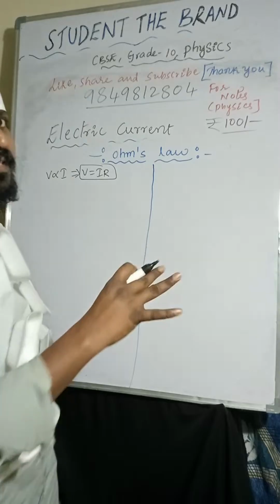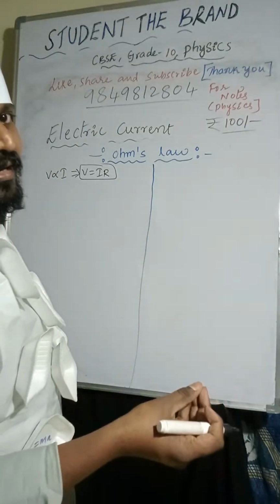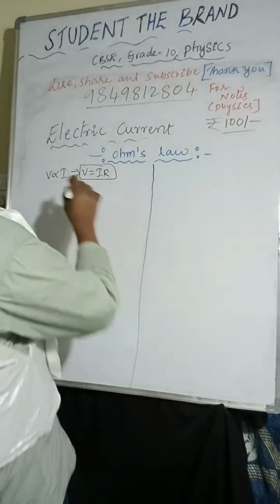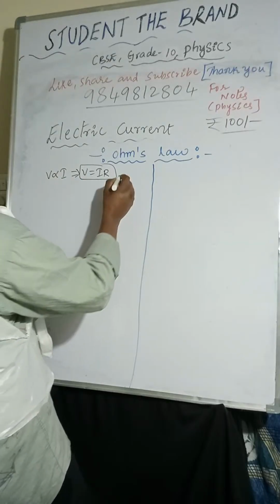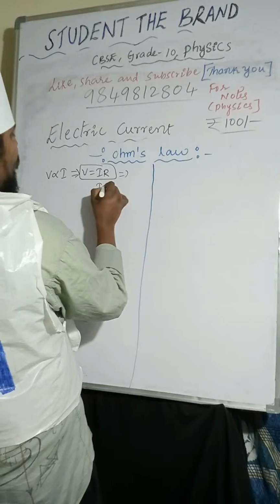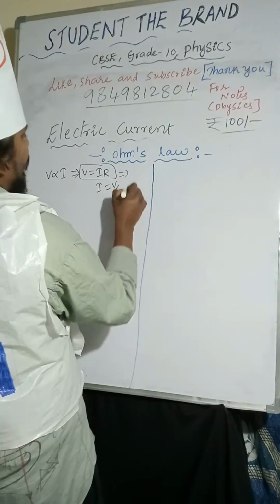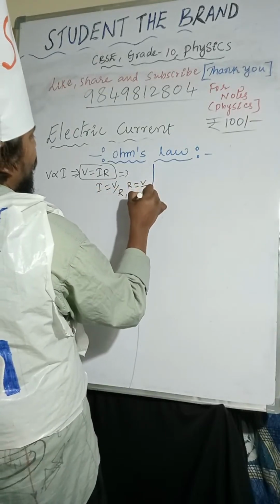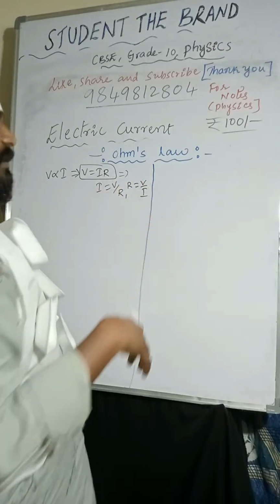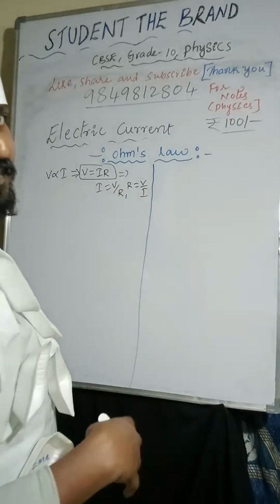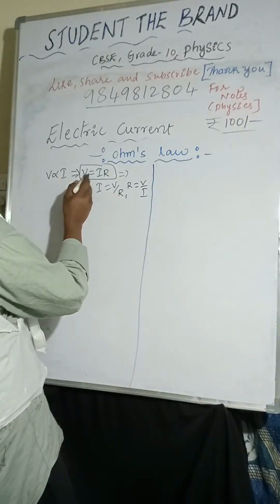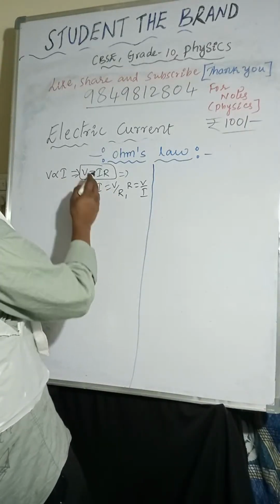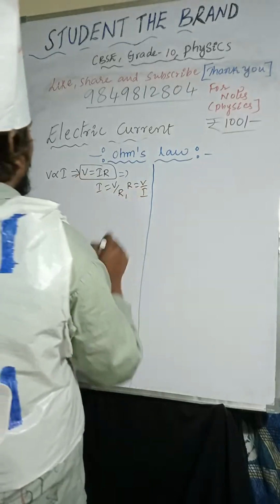V equals IR. From here we can also write I equals V by R, and R equals V by I. So in many forms we can write it.